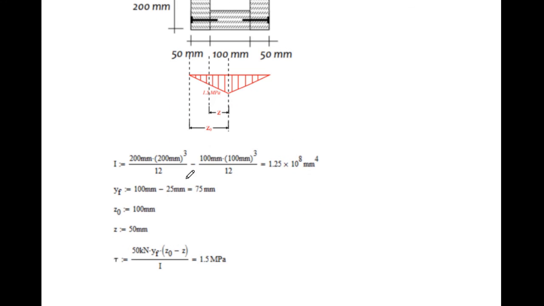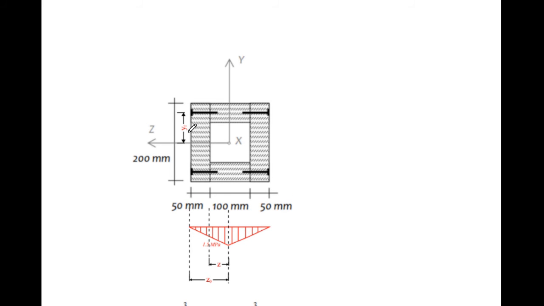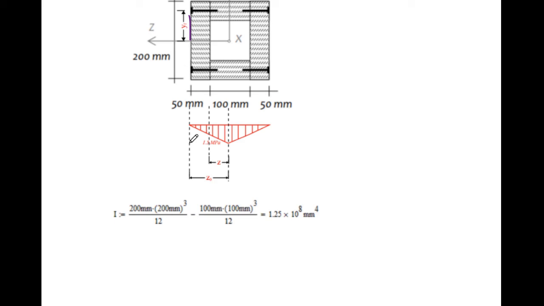So let us take the first case. For this one, this is the formula. This is V, this is YF, the distance, and Z naught is half of BF, that is half of the breadth of flange, and Z is the distance of the cross section where we want to find shear.